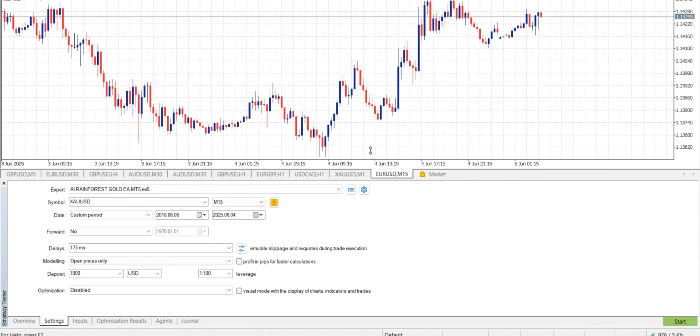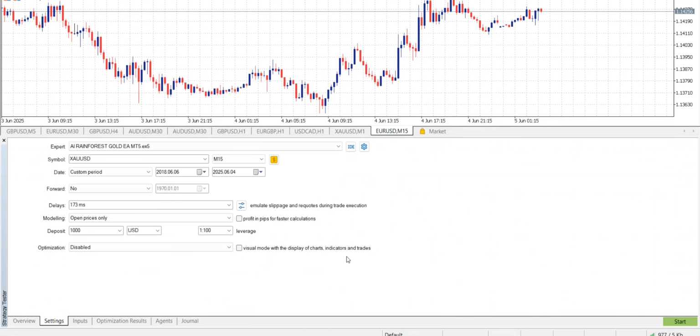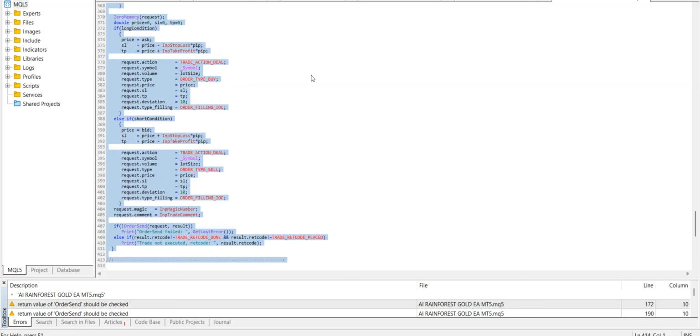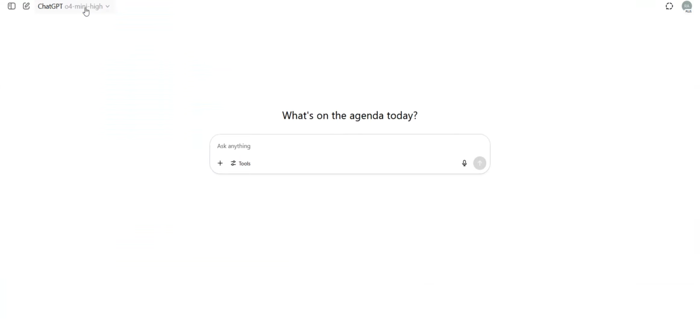So what we are going to add is our first ever price action. Let's see. We have a code for MT5. It is a fully automated trading robot.